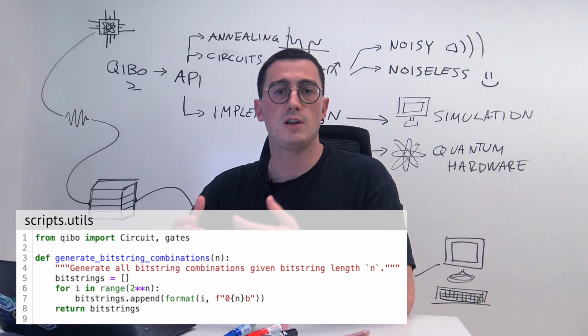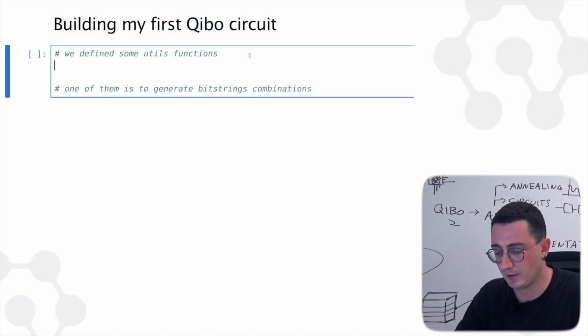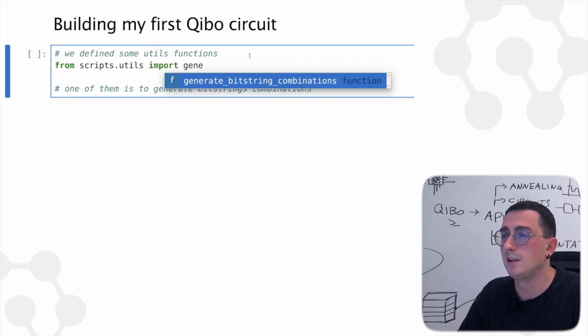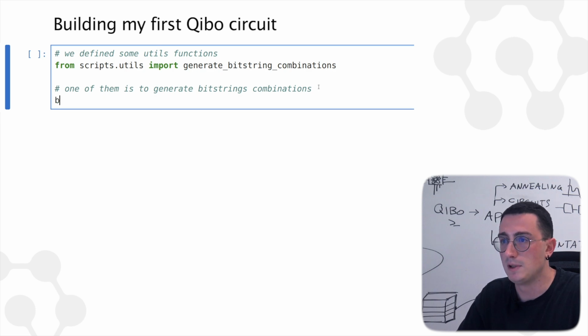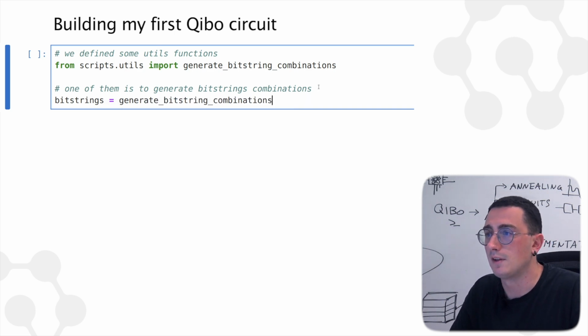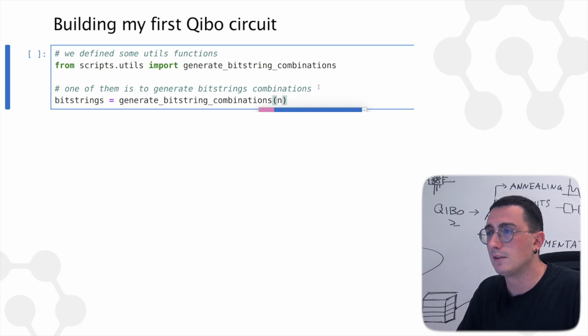So what we do now is to import that function. We can start by importing from scripts.utils import generate_bit_strings_combinations, and then we can generate the bit strings by calling the function generate_bit_strings_combinations, and we should provide the number of qubits equal to nqubits.